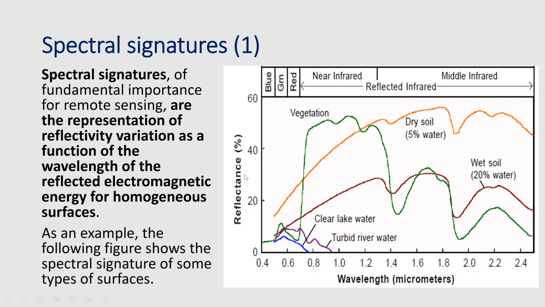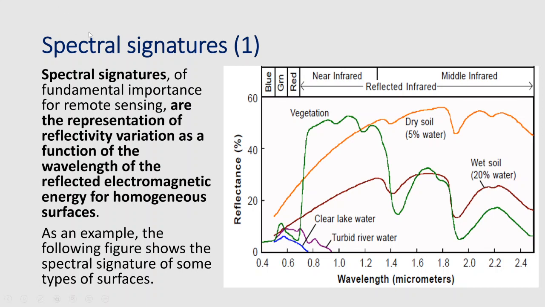On the y-axis we have the reflectance in percentage, from 0 to 60%, but of course we all know that instead of reflectance we can use the reflectance coefficient, rho, ranging from 0 to 1, and we have something very similar.